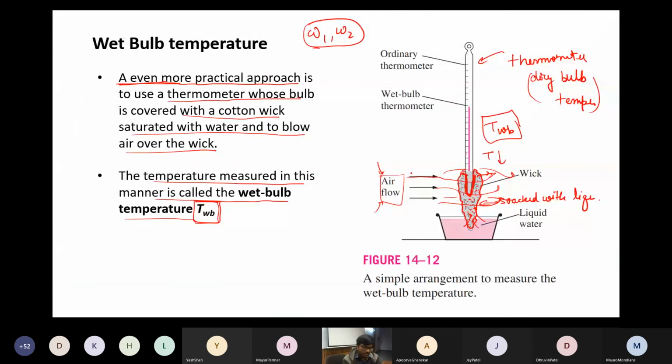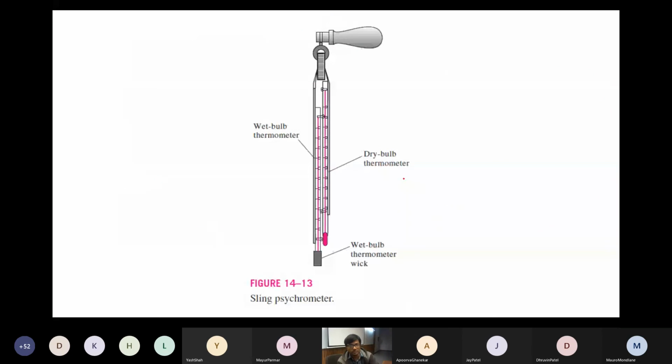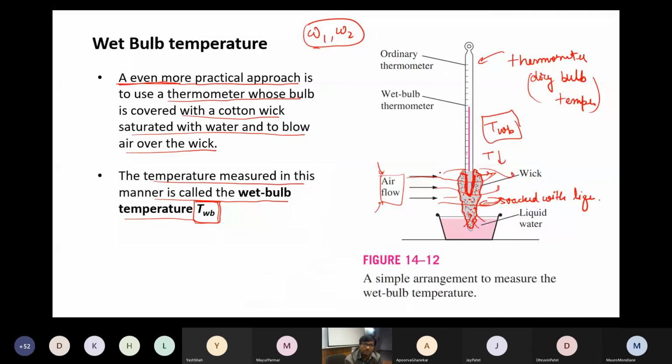Before that, one question. What if my air is totally saturated? So the saturated air is being blown over this wet soaked cotton. What will happen? What temperature could it read?